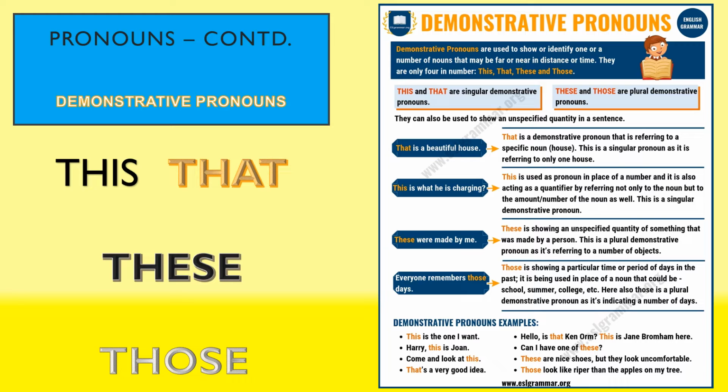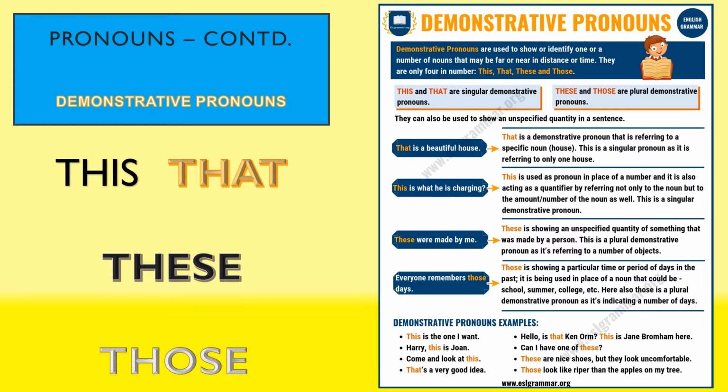Fine. Then, these were made by me. When you make a lot of cupcakes, when you say that I have made all these. So these is showing an unspecified quantity. You're not exactly telling us how many, but you're just pointing at certain cupcakes and you're telling that these have been made by you. Now everyone remembers those days. Which days? Childhood days or the days before Corona.